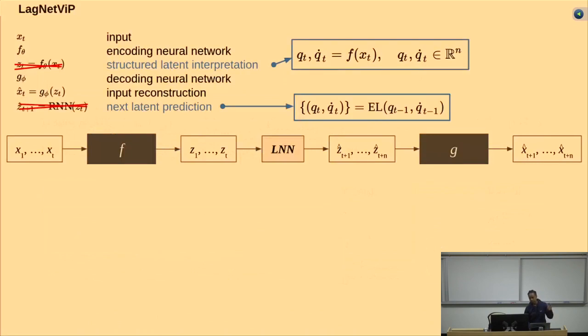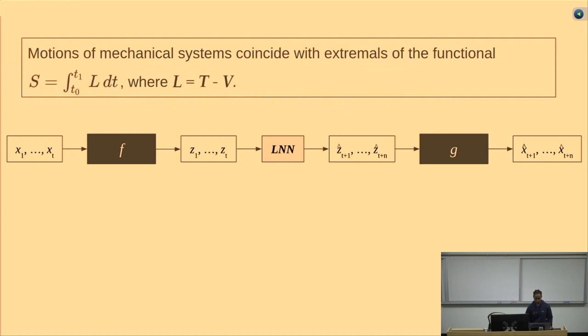Okay, so differently than the autoencoder baseline with the black box dynamics, Lagnet VIP uses Euler-Lagrange equations as a transition model, which imposes a velocity phase space interpretation on the latent code.